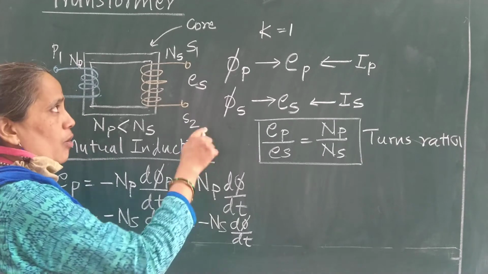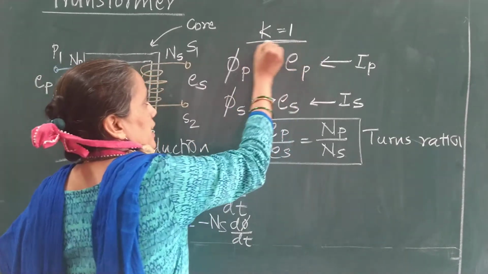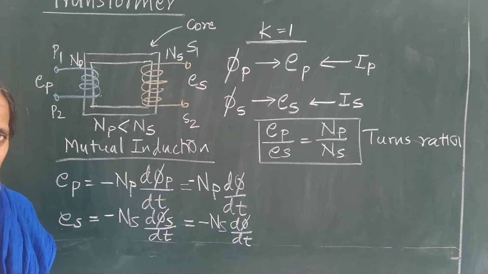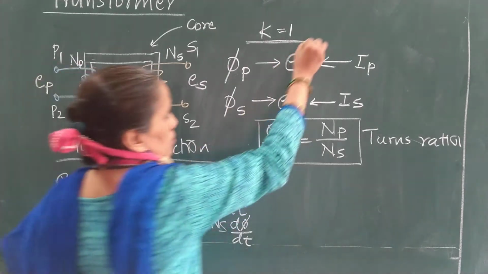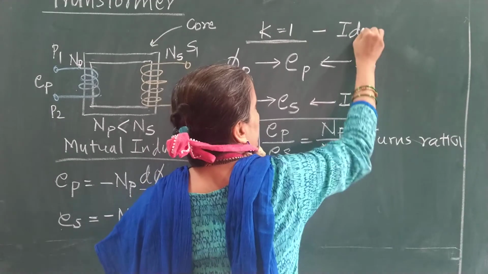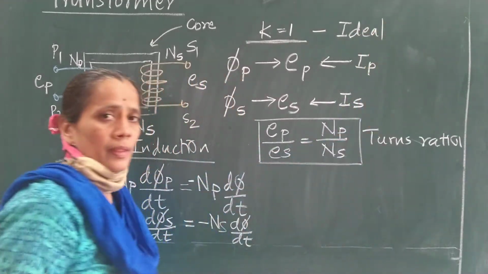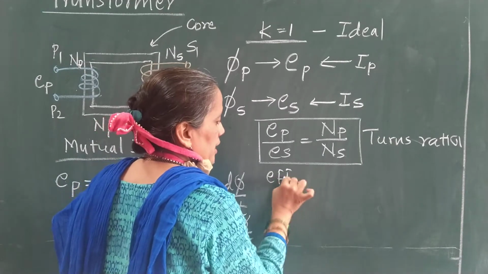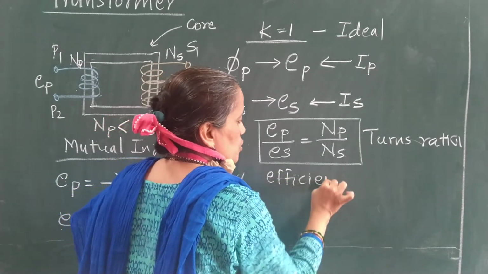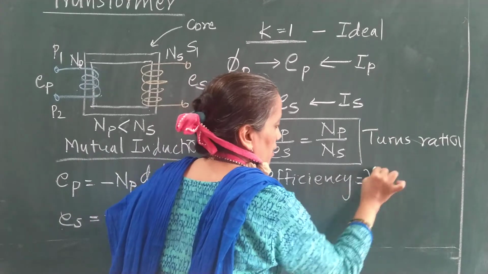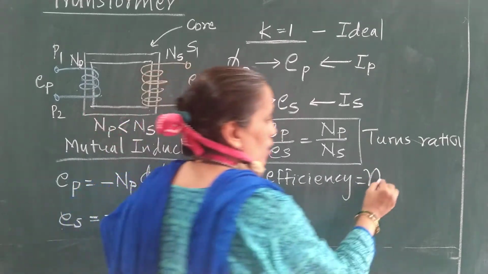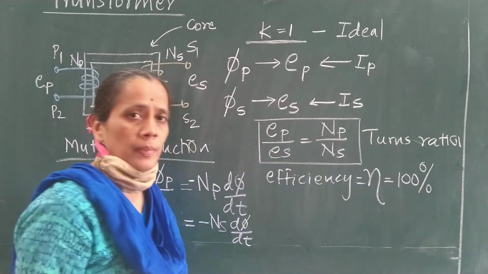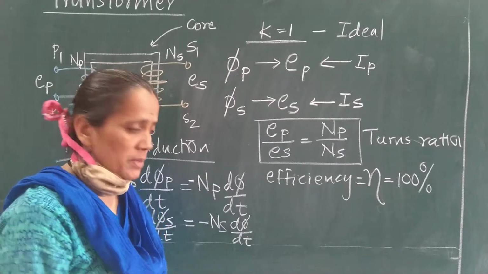Now from this, I have already said that in the case of a transformer, the coefficient of coupling is 1. Coefficient of coupling is 1 means that case is called an ideal transformer. And in an ideal transformer, the efficiency, denoted by the letter eta, is always 100%. Now, efficiency is 100% means what?